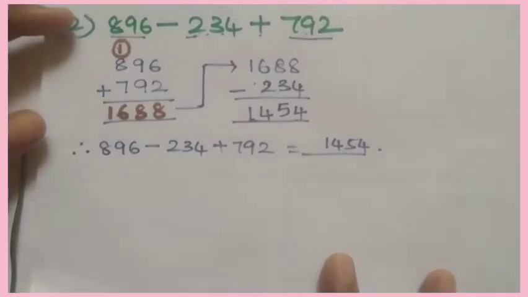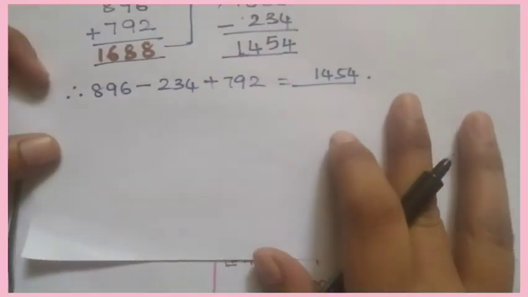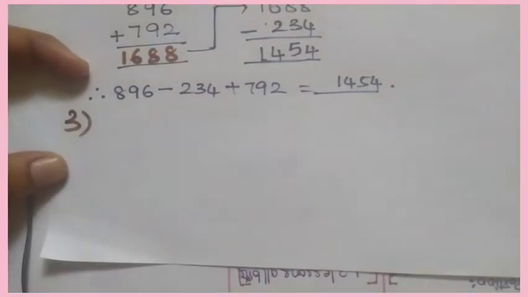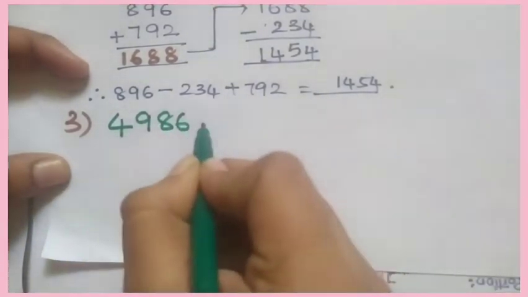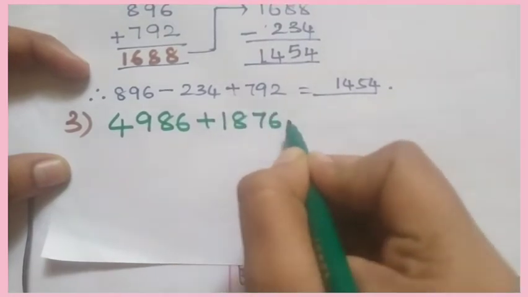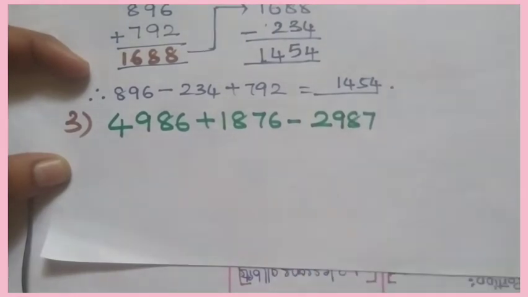Now look at third. These are three digit numbers I took. Now I will explain for 4-digit numbers. Okay, which numbers? 4-digit numbers. Now third example, 4986 plus 1876 minus 2987.